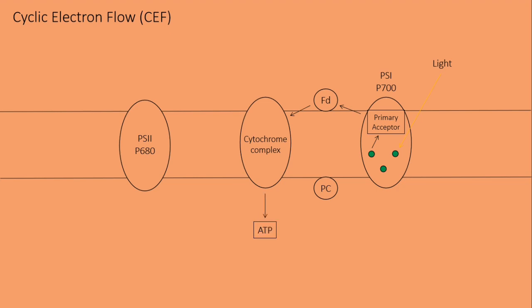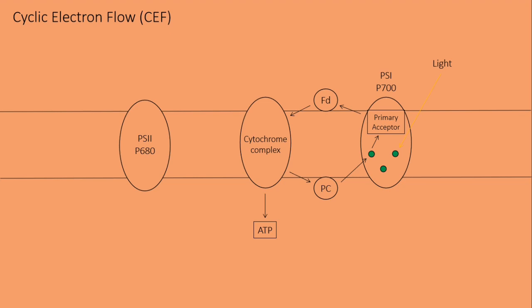After that, they will continue the journey to the peripheral protein plastocyanin, and then the electrons will end up in photosystem 1 again, and the cycle will just continue. So, we can see here that cyclic electron flow only produces ATP.